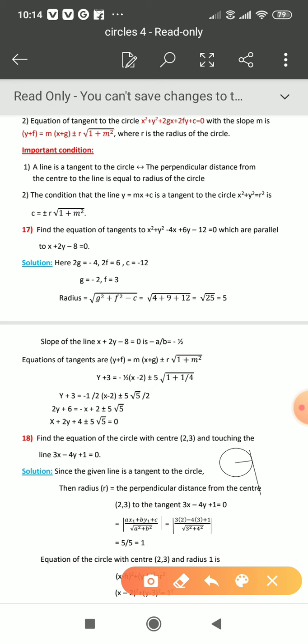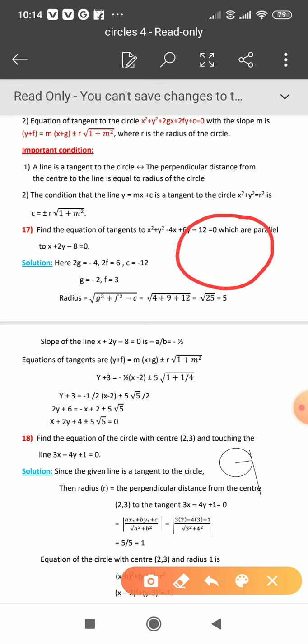Already we said this condition, but once again we remember. If a straight line is a tangent to the circle, what is the condition? The perpendicular distance from center to the line is equal to radius.